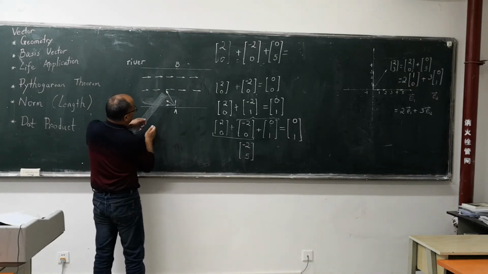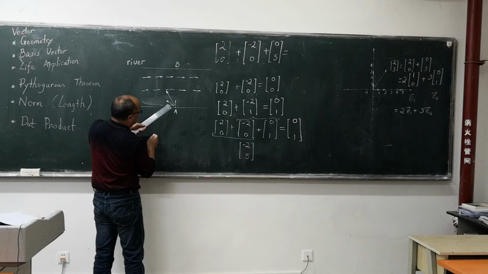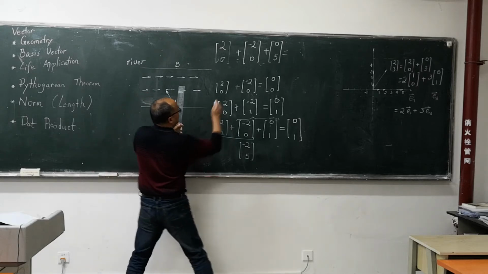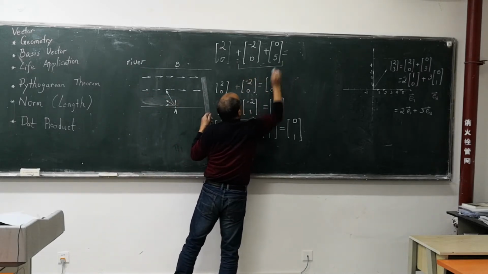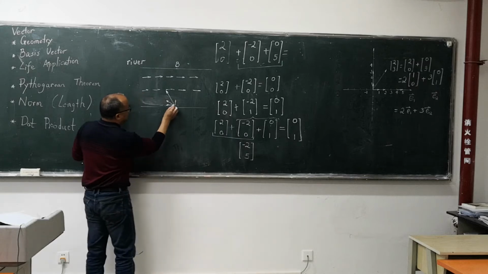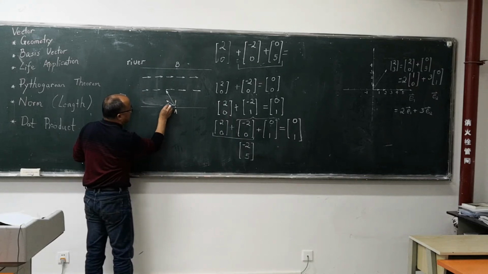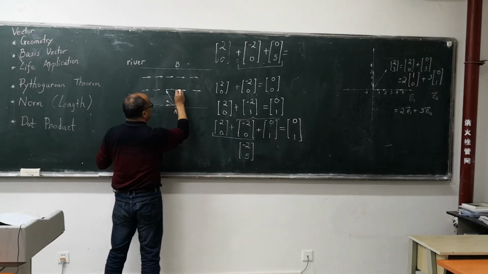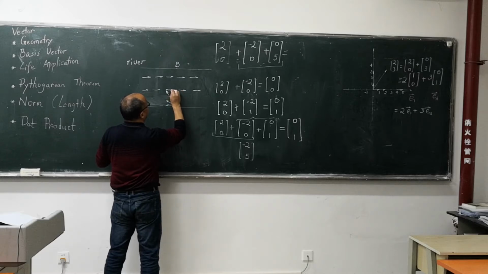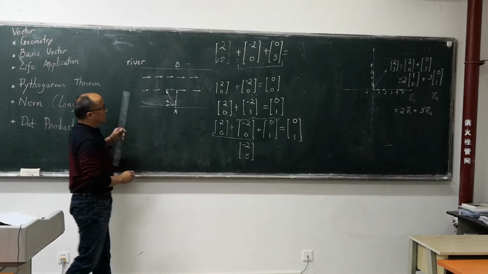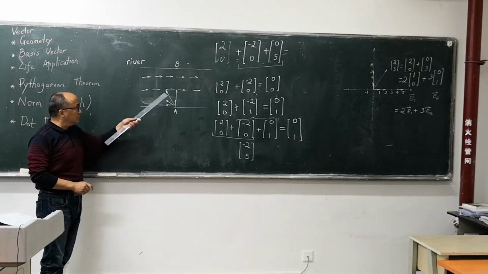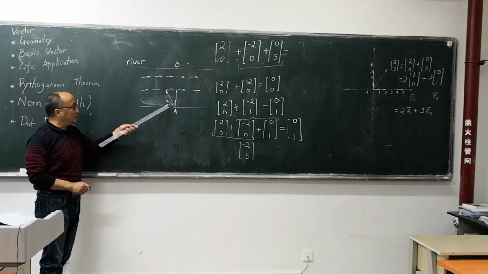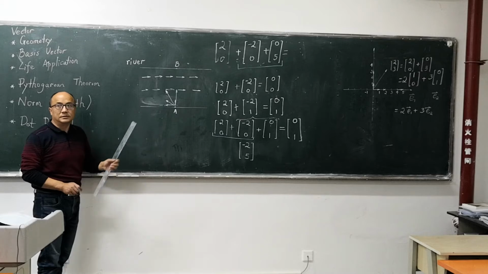So this vector is the summation of this one plus this one.